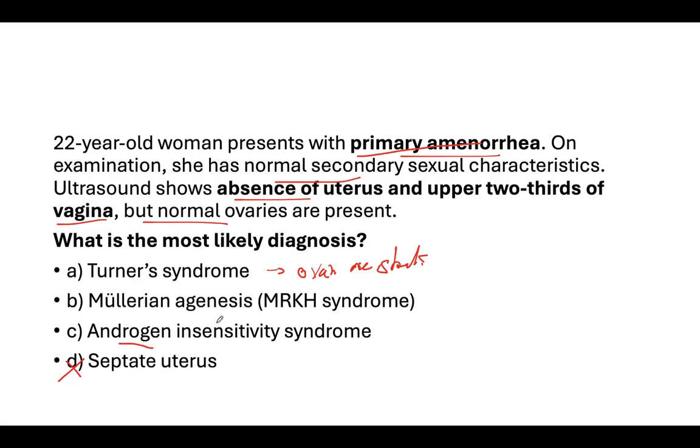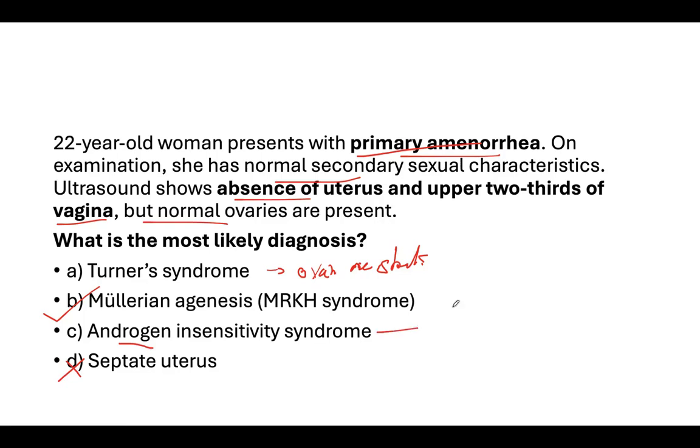In Müllerian agenesis, there is an absence or underdevelopment of the uterus, the upper two-thirds of the vagina, or the fallopian tubes, and the ovaries are normal. So the answer will be Müllerian agenesis.